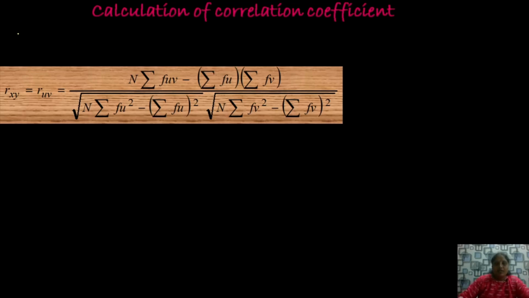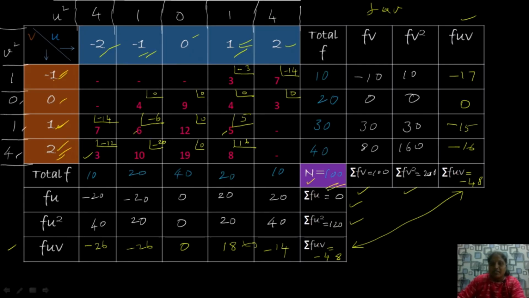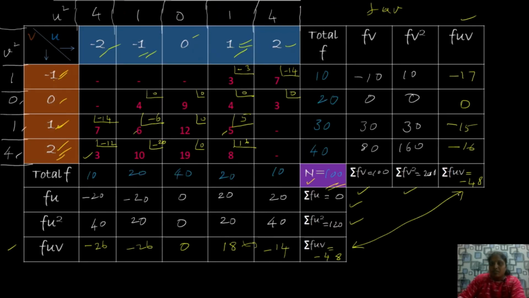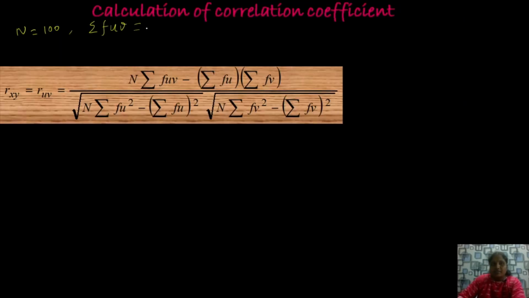So now let me write down the values. N is 100. And then next sigma fuv is minus 48. And sigma fu square, and then we need sigma fv and sigma fv square.